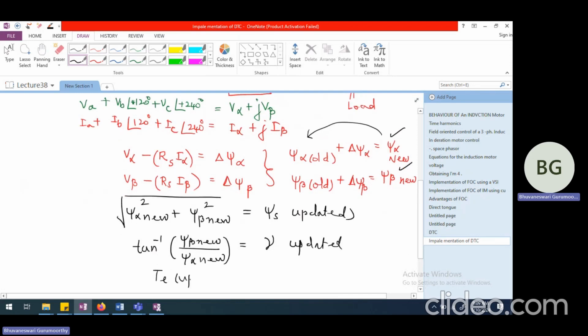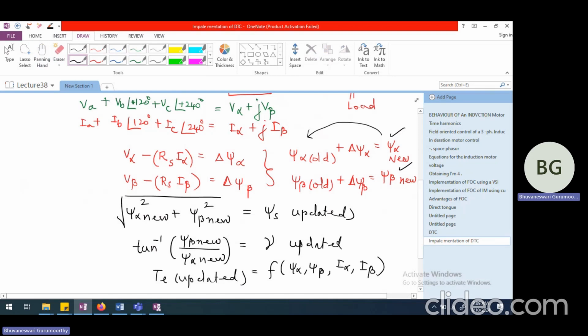The updated electromagnetic torque, since I have psi alpha, psi beta and the currents with me, is a function of flux linkage psi alpha, psi beta, and I alpha and I beta.